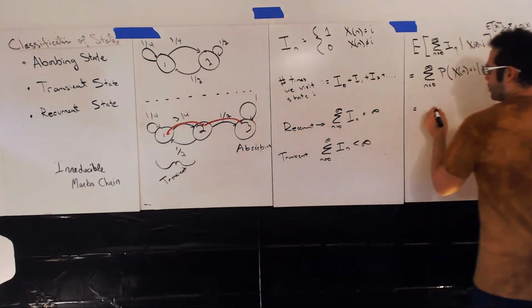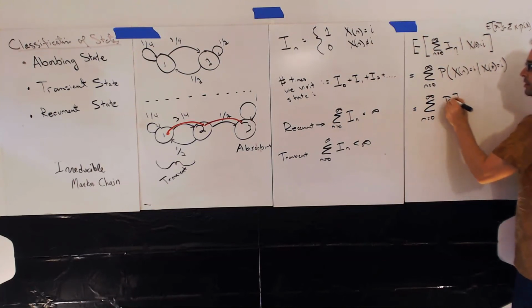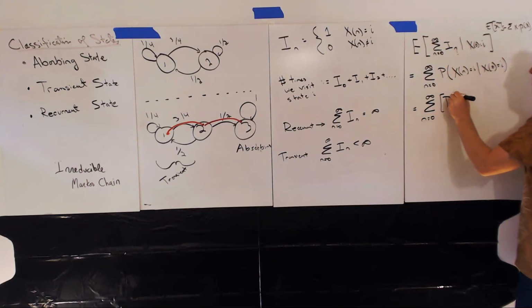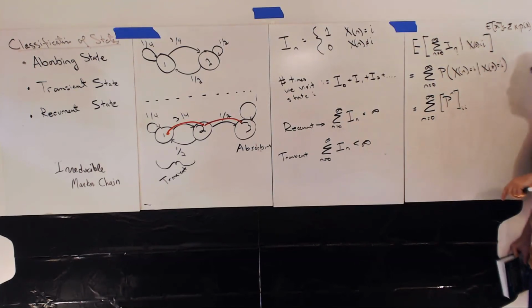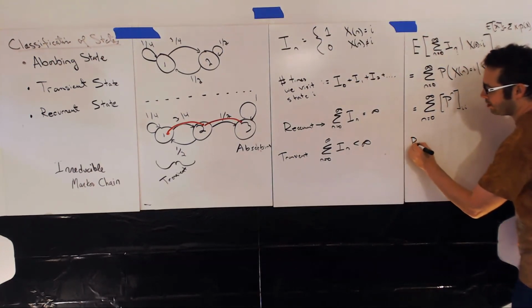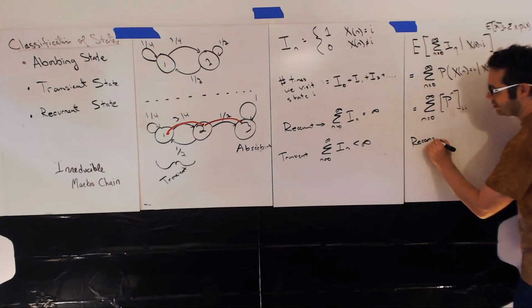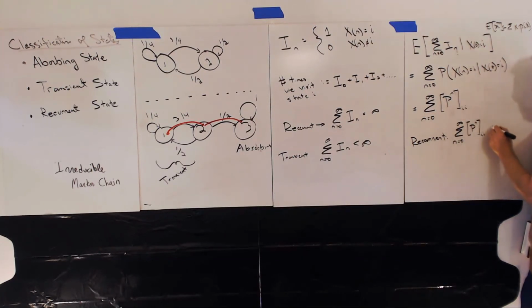So really, let's take the sum from 0 to infinity, take our P matrix, raise it to the n power, and look at II, because II is starting in state I and returning to state I. So another way that we can define or check for recurrence is: we are recurrent if the summation of n equals 0 to infinity of our matrix to the n power, pulling out II, is equal to infinity.